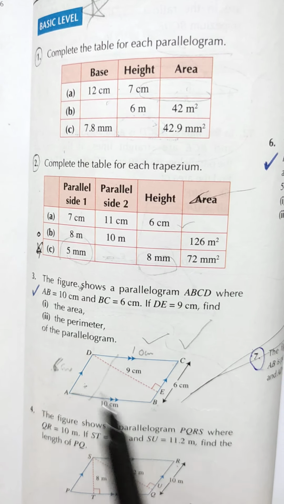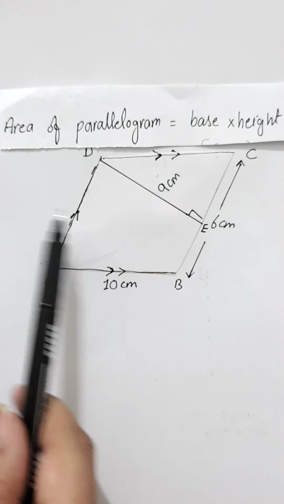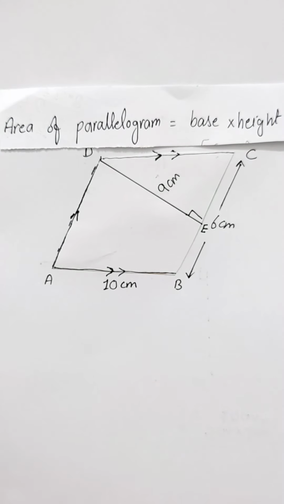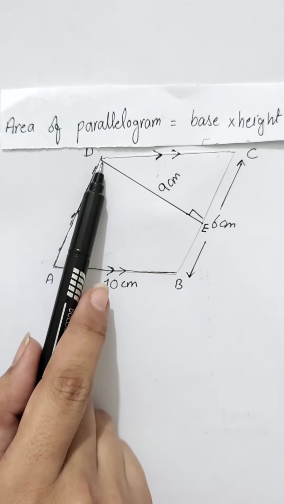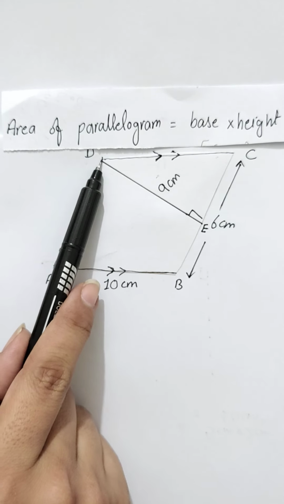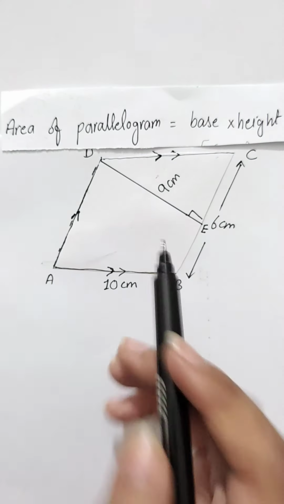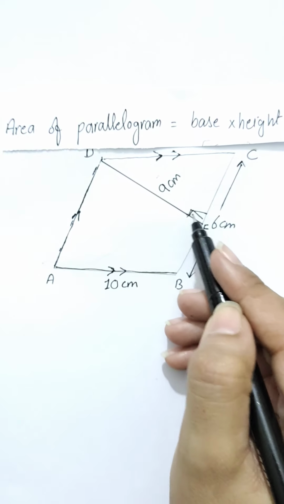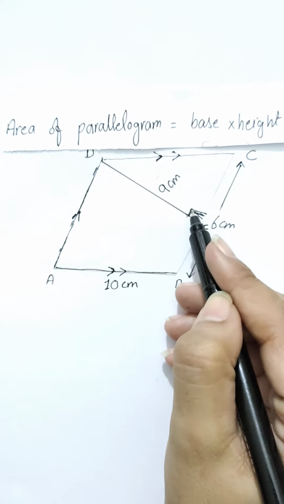So now the next step is to identify which one is the base and which one is the height. I have already told you in my previous video, the perpendicular distance from the base to the opposite side of the base is called height. So DE is the height, because height always makes a 90-degree angle with the base.